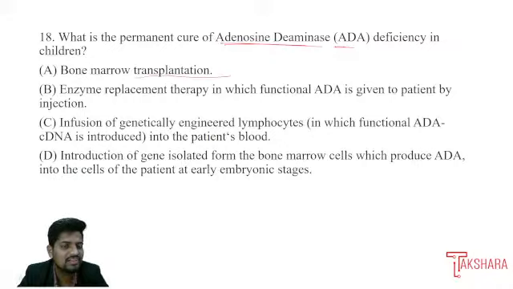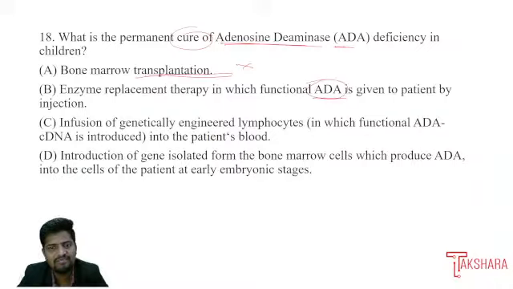Bone marrow transplantation is given as an option, but it is not a permanent cure, because we always have to insert new bone marrow. And enzyme replacement therapy, where a functional ADA gene product is given to patients by injection.